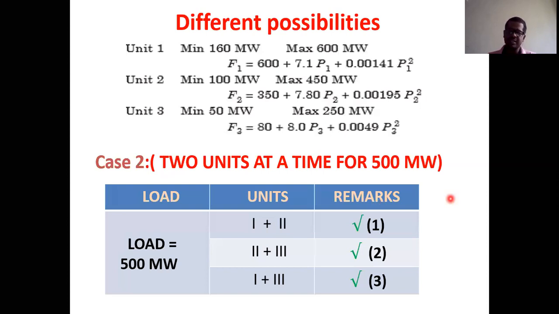So what about the remaining cases here? The combination of 1 and 2, the combination of 2 and 3, and similarly the combination of 1 and 3. These are the possible combinations to meet the load.